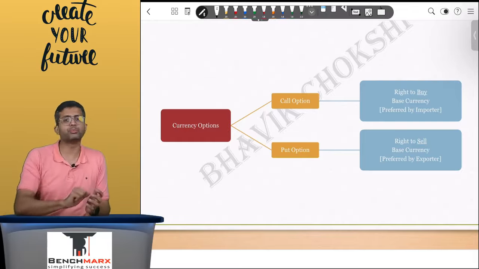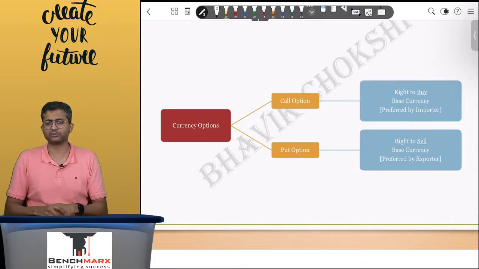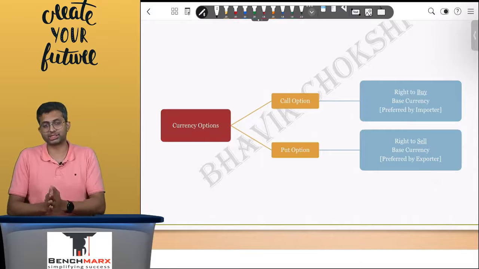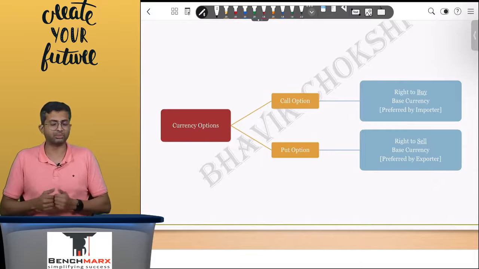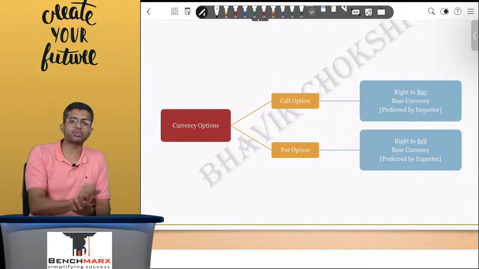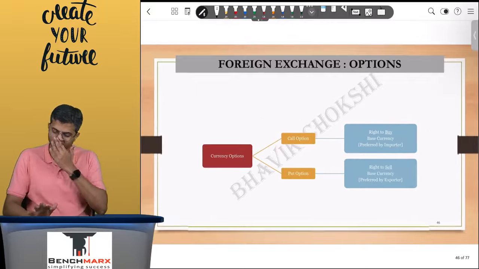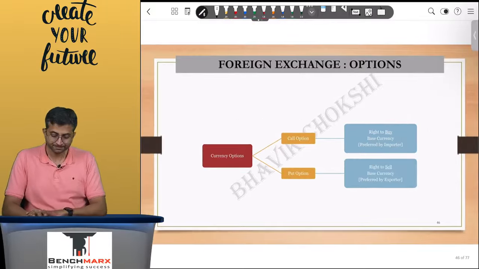Secondly, there will be a premium in case of options, which is not there in forwards or in futures. And this premium is a cost. It's not like a margin which is refundable. It is a cost, which is upfront and non-refundable. And hence on the premium as well, you might need to do a time value adjustment. So this is something that you have to be careful about while evaluating currency options.